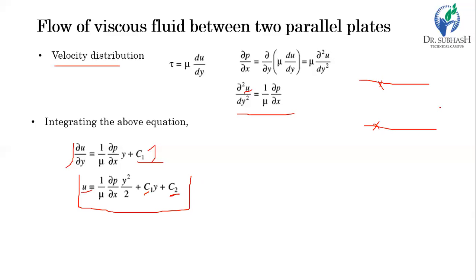Y we have considered in the upward direction, so the value of y will be 0 here, and on the top surface, or the top parallel plate, we get the value of y equal to the distance between these two plates, which we have already considered as t.